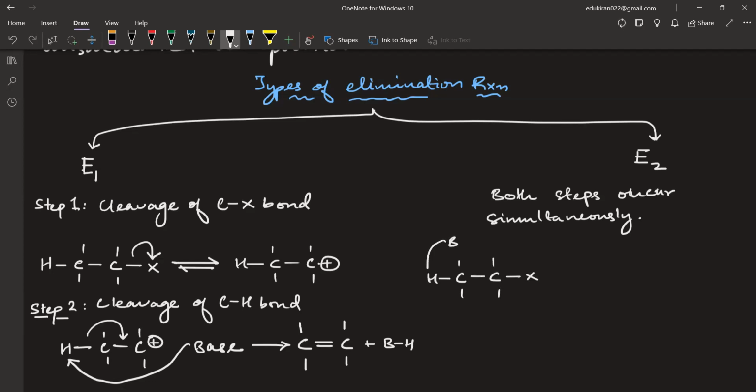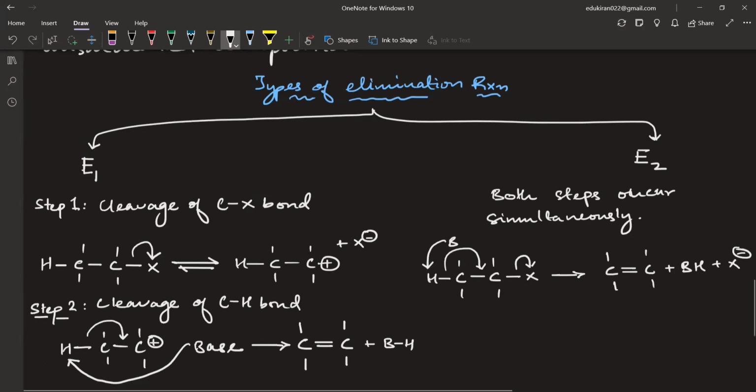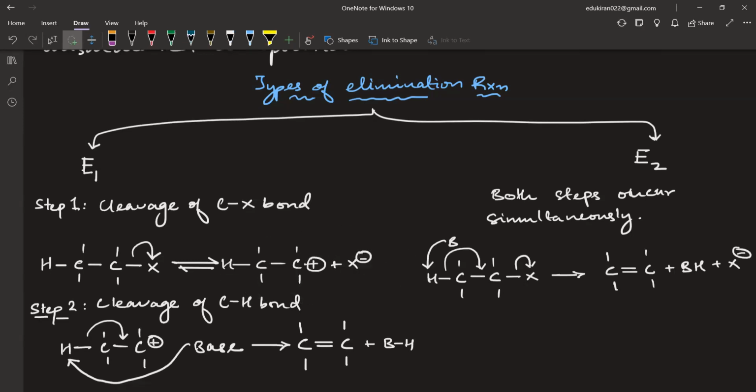What is the use of base? Base will eat the hydrogen, and this bond will come here, and this will go here, and you will be getting BH plus, and X negative will be here, right? Here also you will get X negative. Will you please write this down?